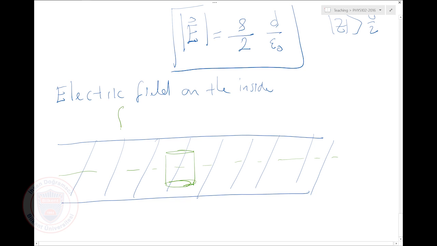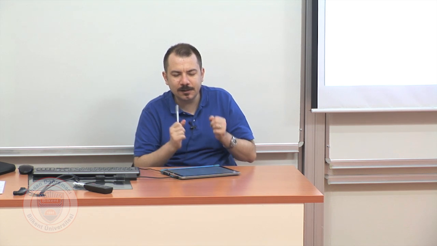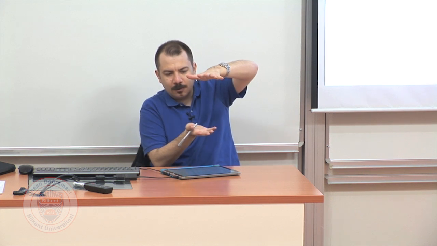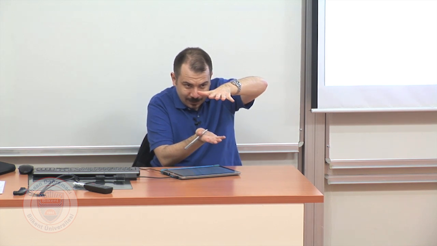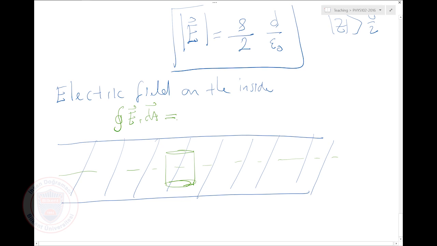Will the calculation of the flux change? Remember, the calculation of the flux just depends on the symmetry of the problem. Does it depend whether my Gauss surface is entirely inside the slab or whether it extends to outside the slab? No, it doesn't. So E dot dA is exactly going to be E magnitude times 2 pi r squared again.